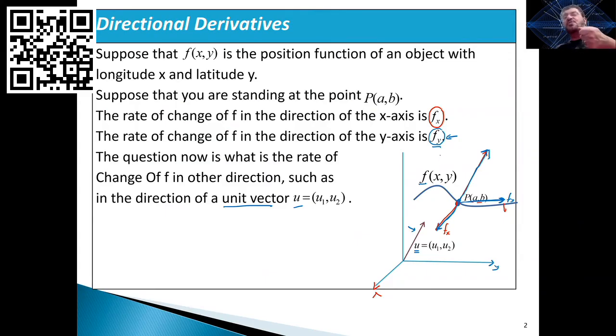I have to tell you which direction I want you to go through. If you're going to go in the direction of u, then this u must be a unit vector. If I give you u, then definitely I can find the rate of change of the function in this direction, which means I can find the velocity of the object that is moving on this curve in the direction of the unit vector u. This is a summary of our section.